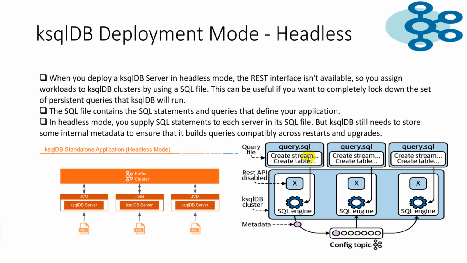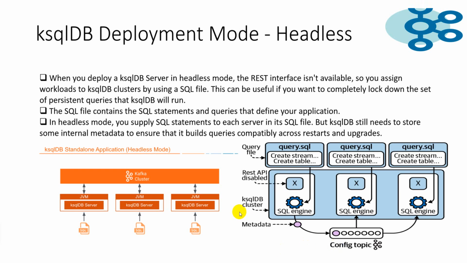Those statements will also be stored into the config topic. This is another internal topic, automatically created by ksqlDB. So some sensitive data processing jobs we can deploy by the headless approach. We don't need the interactive approach, and we can lock down the set of persistent queries.